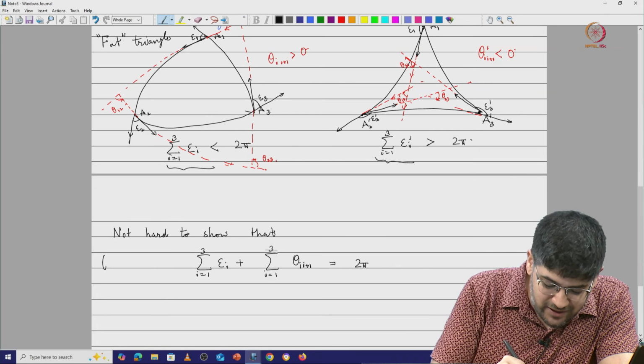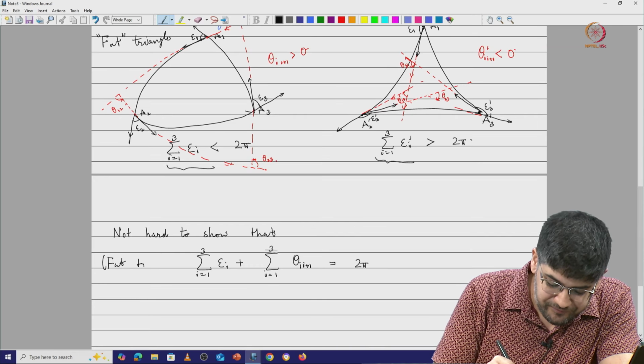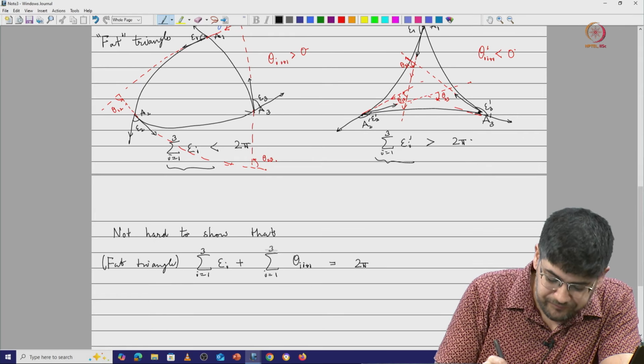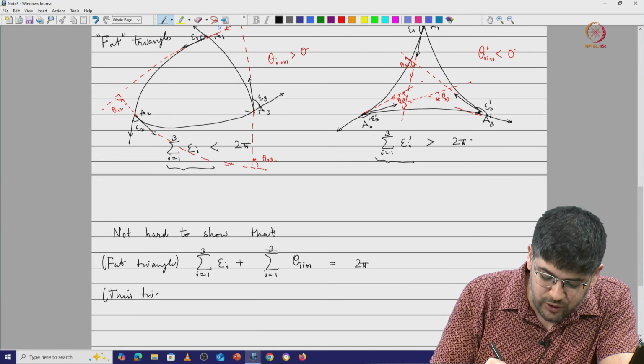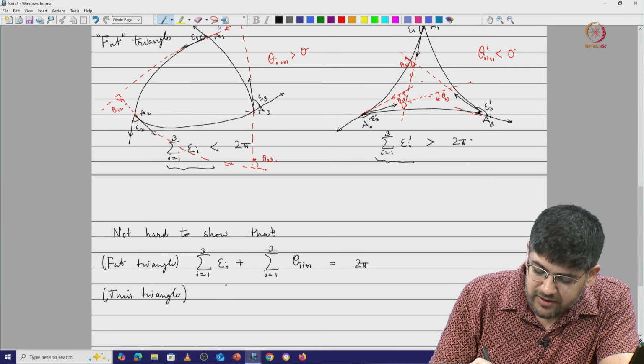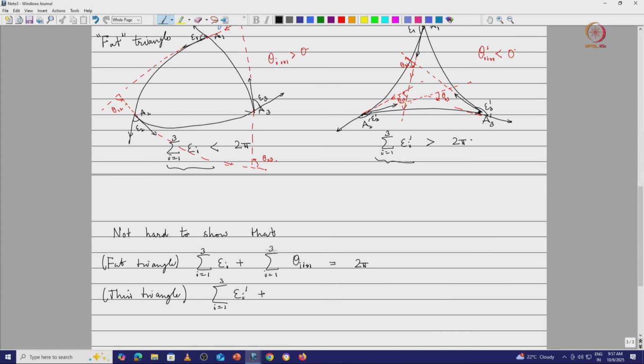Similarly, for the fat triangle you get this, and similarly for the thin triangle also you can do the bookkeeping, that summation i going from 1 to 3 epsilon i prime plus summation i of the turning angles, that is actually 2 pi.